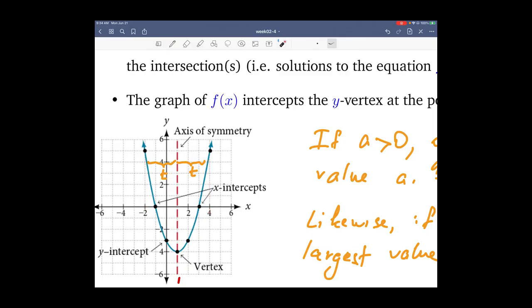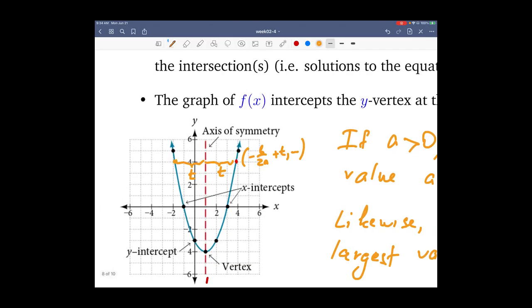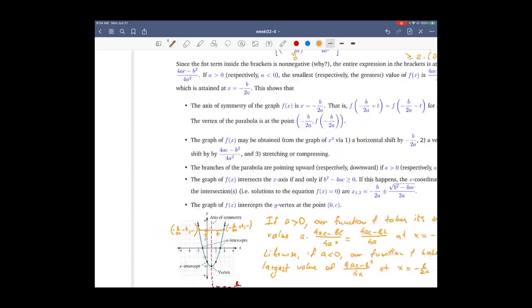And that's easy to see why. Say the x-coordinate of this point is negative b over 2a plus t if t is positive. And the x-coordinate of that point will be negative b over 2a minus t. And it's easy to check.